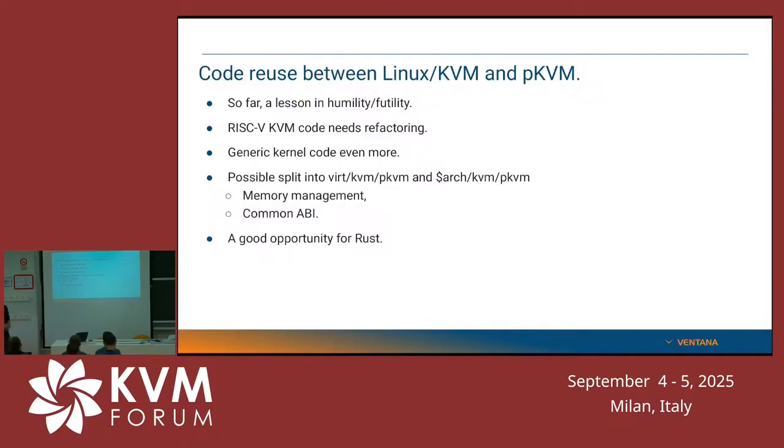And generic kernel code, there's even less of it. Like we could use the spin locks, and well, that's probably all that pKVM does now. I don't know if there's more.